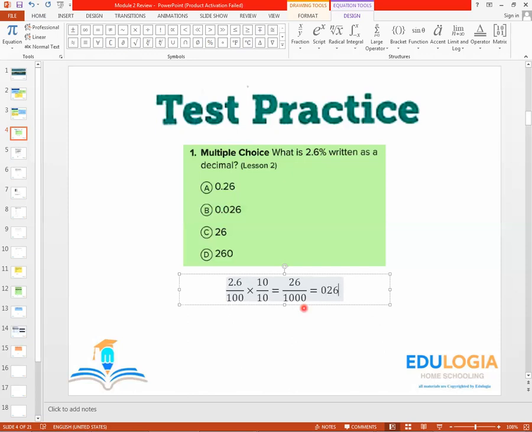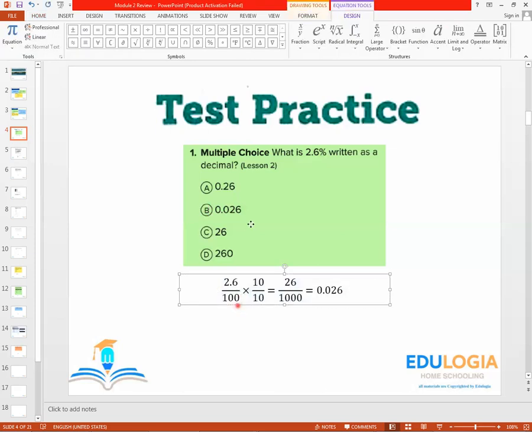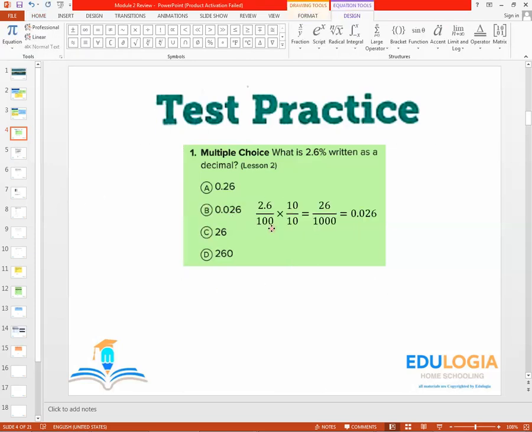Then, once again, 1, 2, 3, stop. Now, write the point. And don't leave this place free, put another 0. So, we have it here. Number B is the right solution.